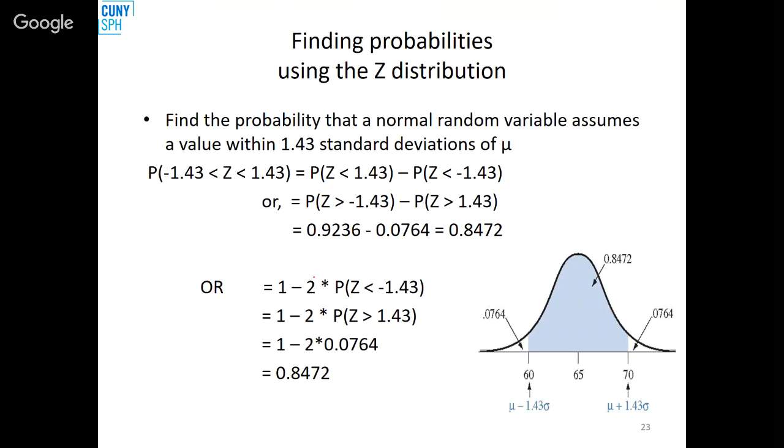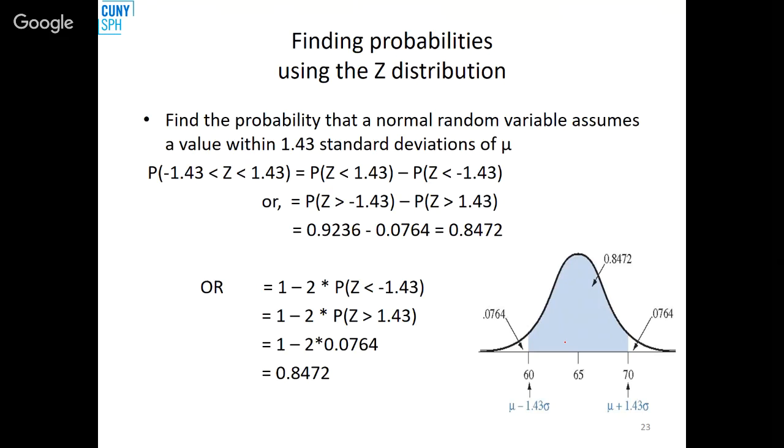An alternative calculation would be to directly calculate this area to the left of minus 1.43, which is 0.0764, double it to get the two tails, and then subtract it from 1 to get what's in the middle instead of in the tails.